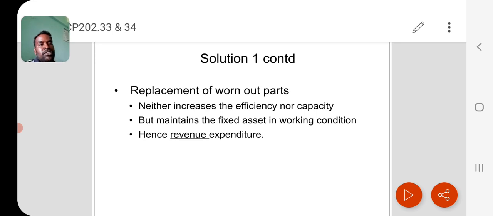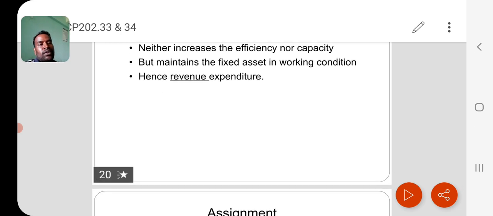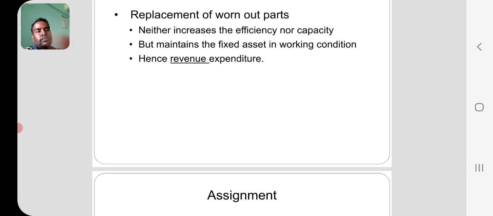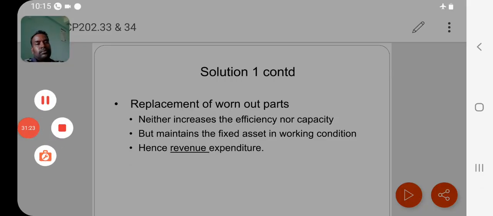In a trading organization, we prepare trading account, profit and loss account, balance sheet. Whereas coming to non-trading, receipts and payments account, income and expenditure account, balance sheet, and terms used in non-trading organization like that. Okay, thank you.